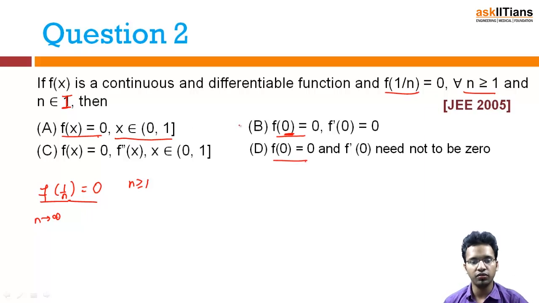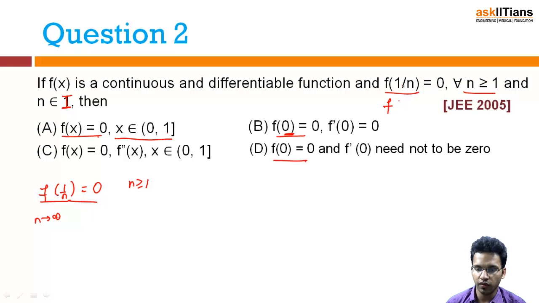We need to check from the option itself whether it is true or not. So if my x is belonging to 0 to 1, f(x) will be 0 for x belonging to 0 to 1. It says so basically, if I invert it, what will it become if I invert it?